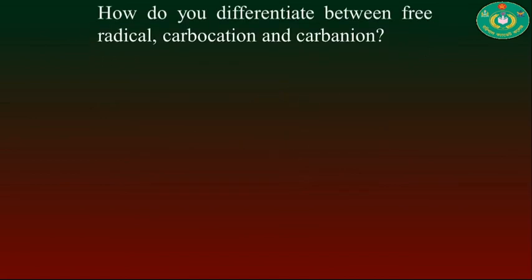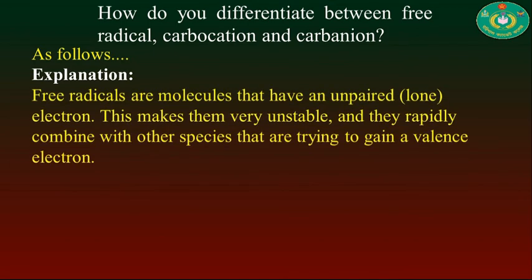Now how do you differentiate between free radical, which has been discussed in the previous lesson, and carbocation and carbanion? The explanation is as follows: free radicals are molecules that have an unpaired electron.